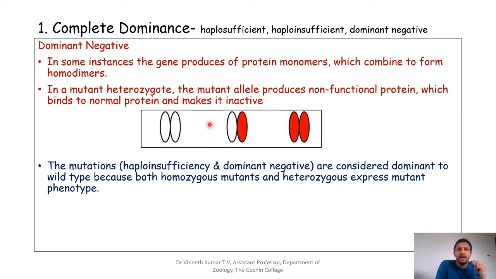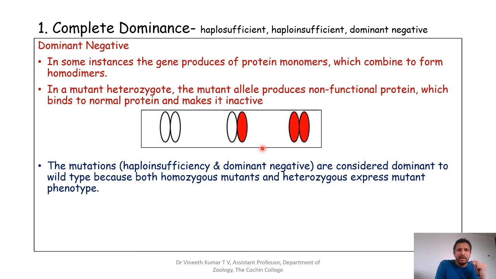You can call this one wild type and this one the mutant. That will make sense. Calling them dominant and recessive makes confusion. So in our discussions of gene interactions, we'll go on with terms like wild type as well as mutant phenotypes. That will make more sense than calling them dominant and recessive.